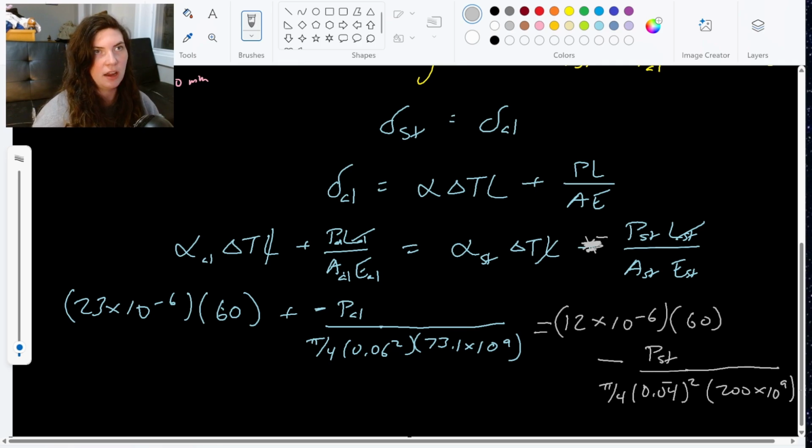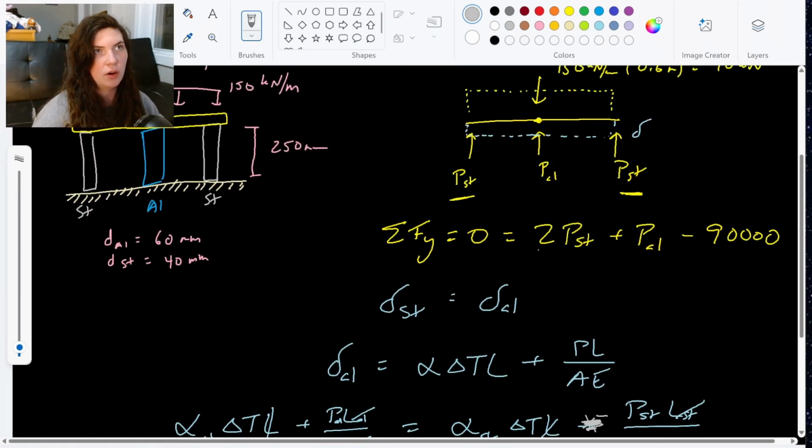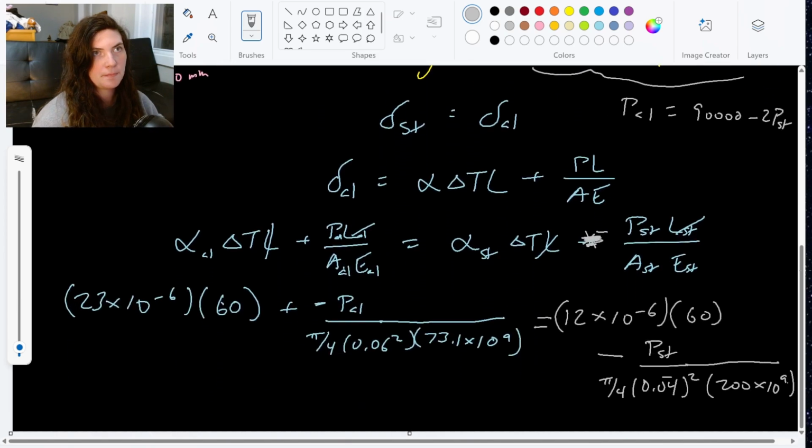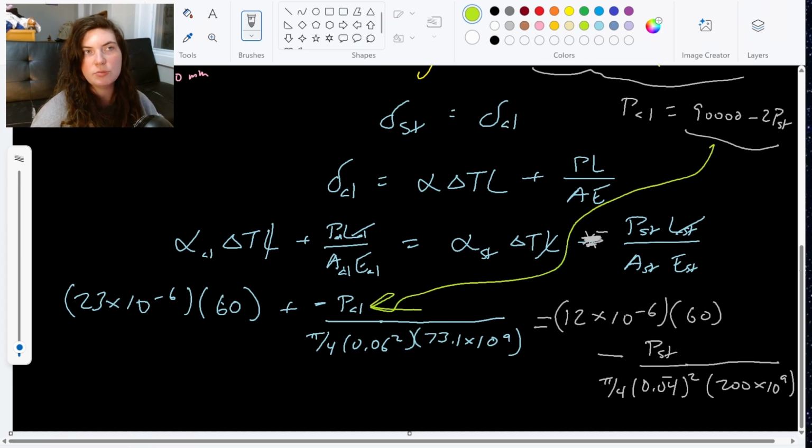That's our equation setup, where we can take our original equation here, maybe solve for P aluminum. Our aluminum load would be 90,000 minus 2 P steel. We could plug this in here. Now we have everything in terms of P steel, and we can find the load on that steel.